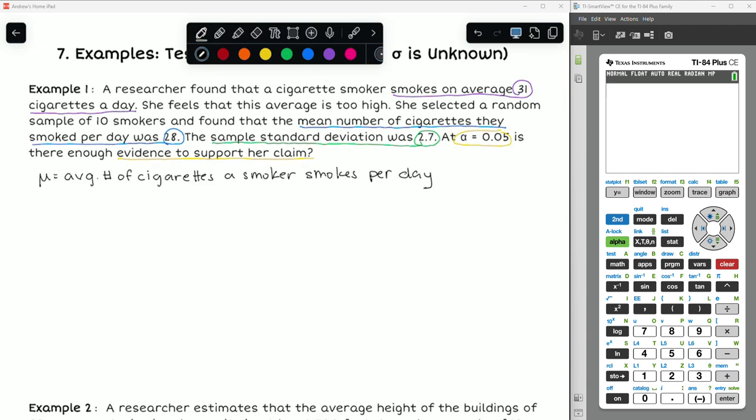And then I'm going to pick off the values given in the problem. I'm given a claimed value for that mean of 31 cigarettes per day. I'm given a sample mean of 28 cigarettes per day and a sample standard deviation of 2.7 cigarettes per day. I'm then told to test my claim at alpha equals 0.05.